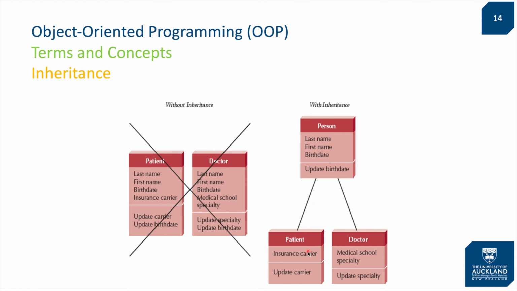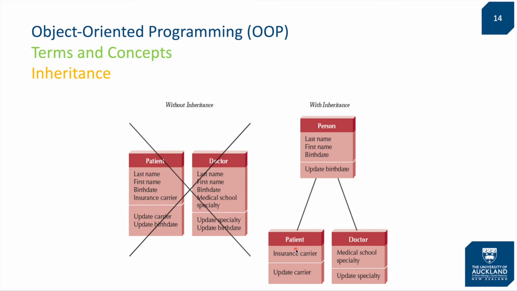In this case, we say that patient and doctor are children of person, and they inherit all these common properties and operations, providing that we declare them in a way to be available for inheritance. We'll discuss that later in the next lesson. So that means patient inherits last name, first name, and birthday, and update birthday. It's like that we have them here.